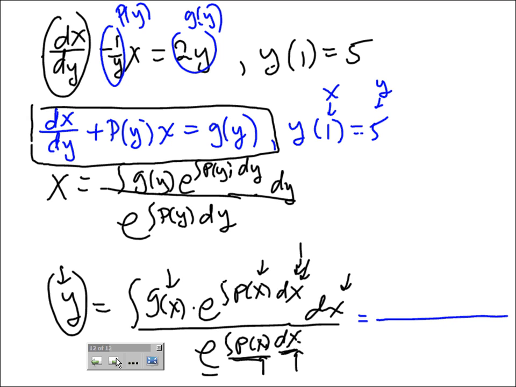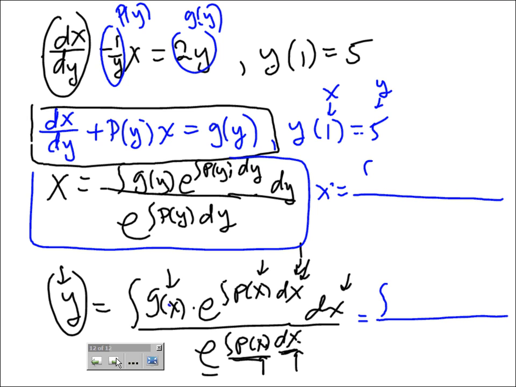So x is going to equal the integral of g of y, 2y, times e to the integral of p of y, which is negative 1 over y dy, over e to the integral of negative 1 over y dy.